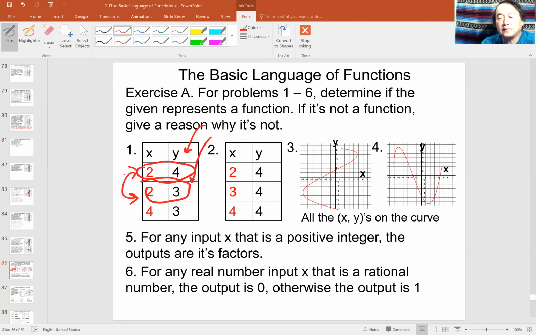It's like if you go to a restaurant and it says hamburger $4, next line hamburger $3, and you scratch your head, which one is it? How much? Because a single input has multiple outputs, this is not a function. So this is an example of a table that's not a function.